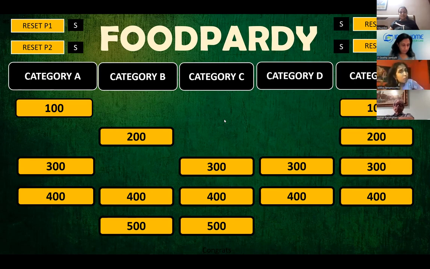It is a very important point you brought up. The whole idea is that this Foodpardy game that Dr. Rao has created is being played in different places around the world, and we are trying to make it as standardized as possible.